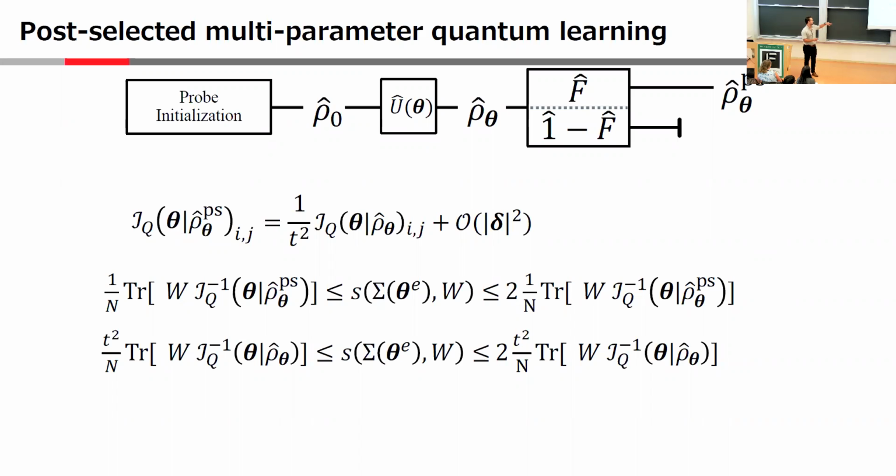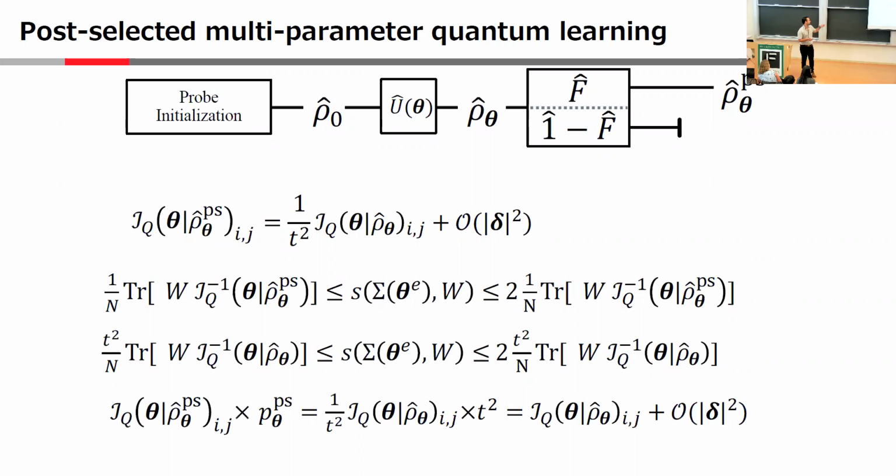So doing this, and in our paper we show that there's no cap on t squared. You can essentially push in as much metrological information as you want into one state, and it's lossless. So if you take the quantum Fisher information matrix of the states that come out of the filter and you multiply that with the probability of coming out, you get back exactly the initial information.